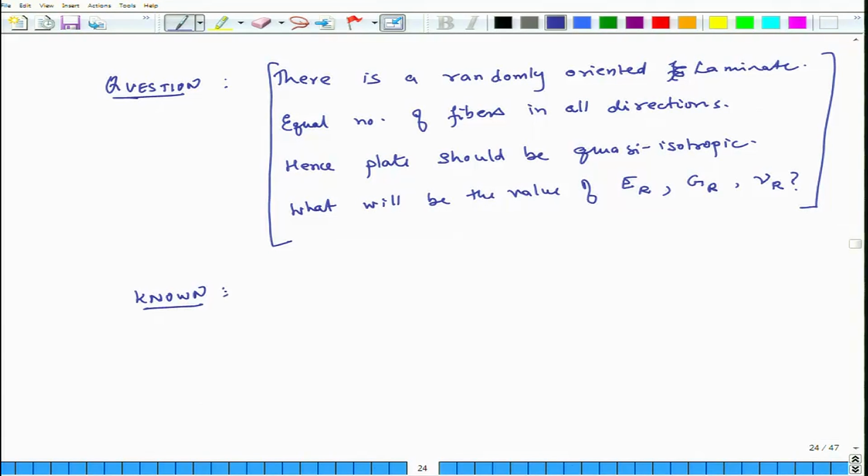Suppose using the same fiber which I am using to make this plate, I make a unidirectional laminate. Then for that unidirectional laminate EL is equal to 16.26 GPa. Suppose I know this, and I also know the transverse modulus of a unidirectional plate made of the same material, which is 4.53 GPa.